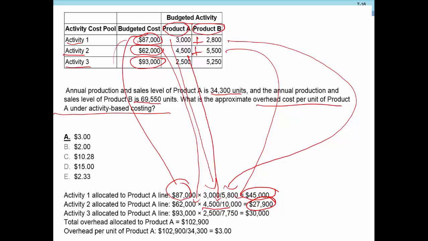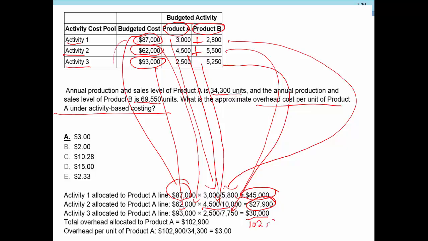That gives us the number for activity 2. Then we do the same thing for activity 3. Do I need to draw all these crazy lines on this one? We're just taking the total and bringing it down. The cost is 30,000 that goes to that. So you total all those up.